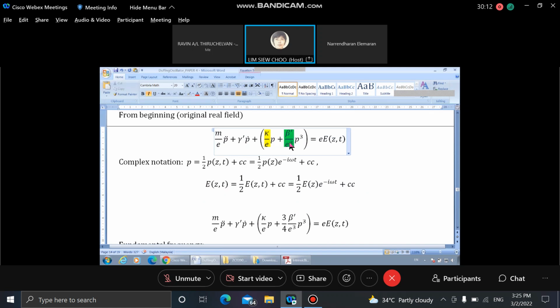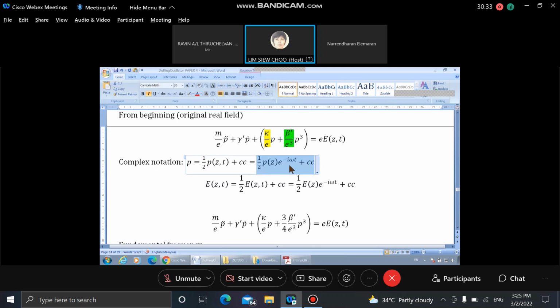And then why are there 3 here? That's why our perturbation expansion will tell you why. Because this one, if you multiply itself 3 times, you get 1/8 for 8 terms.